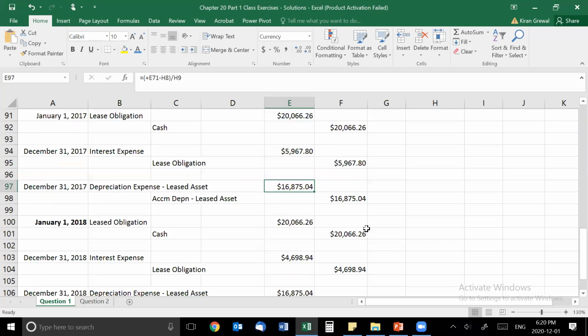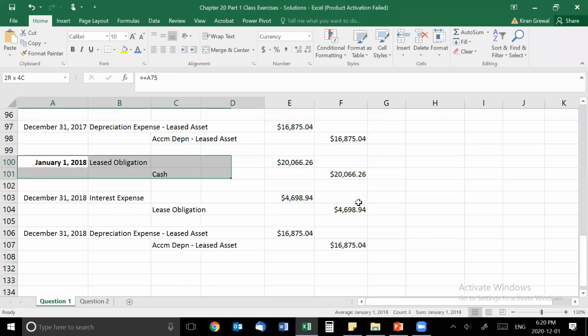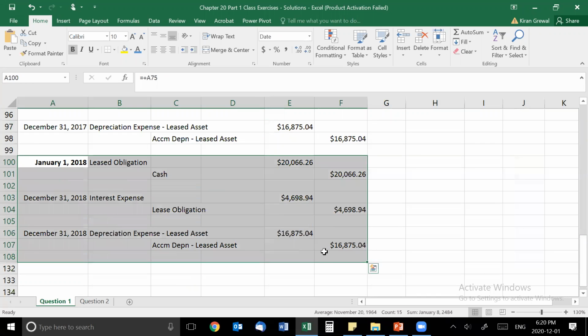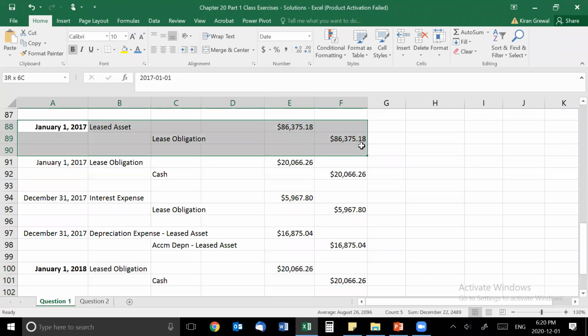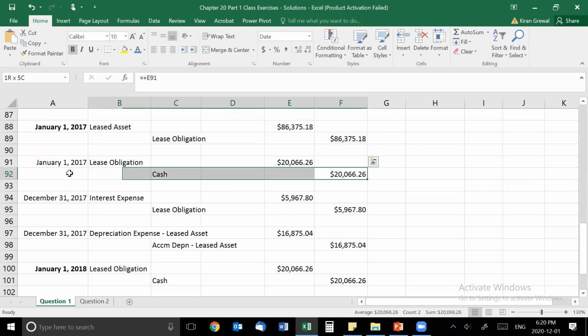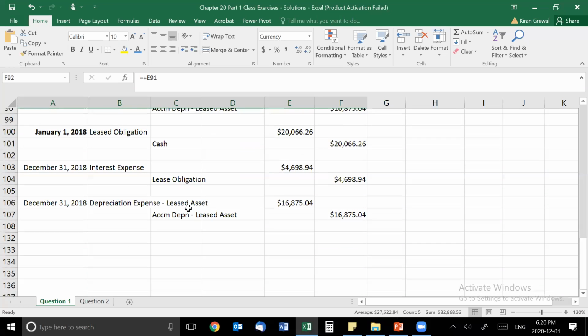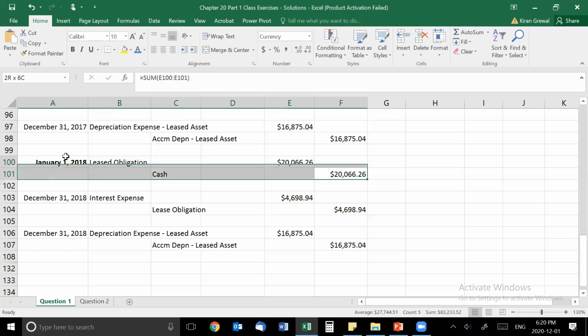The next part was asking what are the journal entries for 2018. So only 3 journal entries for 2018 because in 2017 the first journal entry was setting up the leased asset. We don't have to do that going forward, we just do it once. So we just have our cash payment, again same amount, 20,066. Debit our lease obligation.